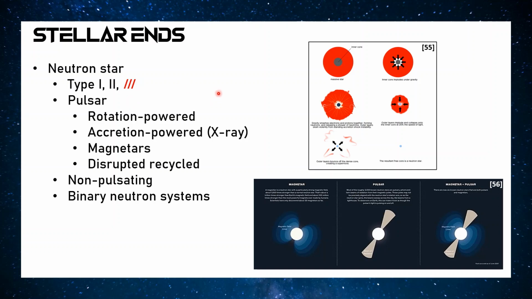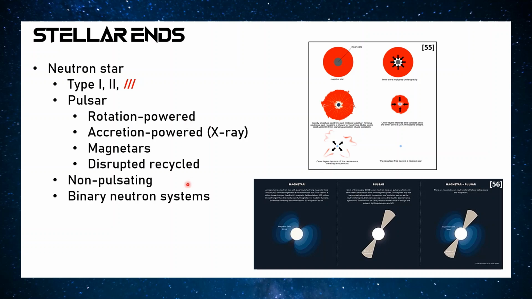Now, a specific kind of neutron star, a very important kind, is a pulsar. This has a pulsating radio source. It emits beams of electromagnetic radiation out of its magnetic poles, kind of like a lighthouse. You might have even seen animations where a pulsar is pulsing around like a lighthouse. There are different kinds. There's rotation powered, where it's powered by the loss of rotation energy.